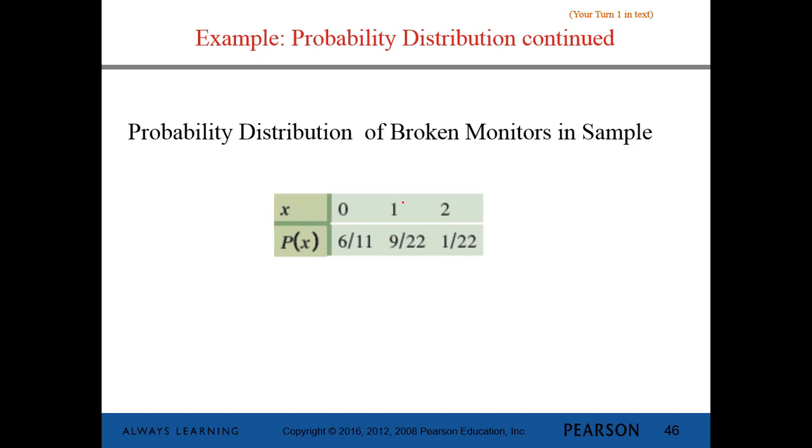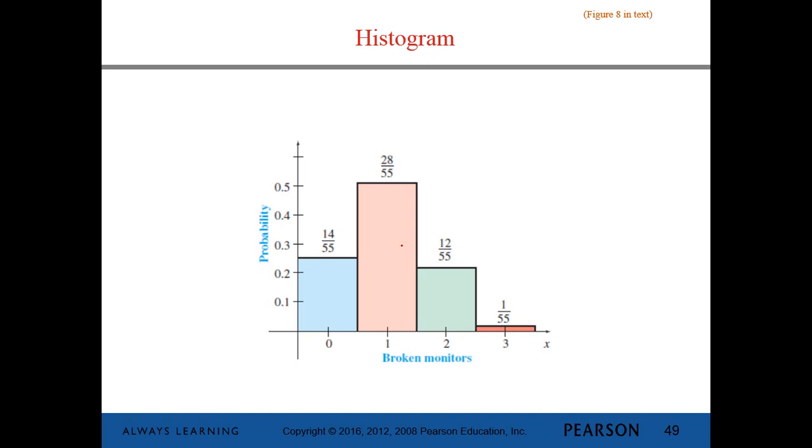This is a similar one, a probability distribution for the monitors, but this one is where you're selecting 4 monitors, and the probability that 0, 1, 2, or 3 of them are defective.